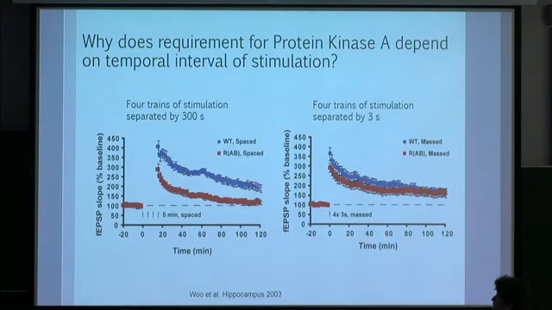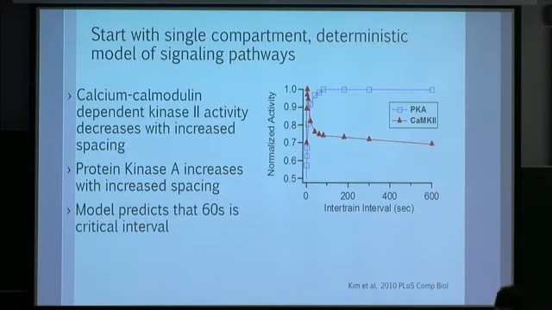Again, I'm talking about the long-lasting phase, so I'm not talking about this initial response. I'm talking about this response right here. So why do I see that deficit? I started with a simple single compartment deterministic model of these signaling pathways. What I saw is that protein kinase A and CAM kinase have opposite temporal sensitivities.